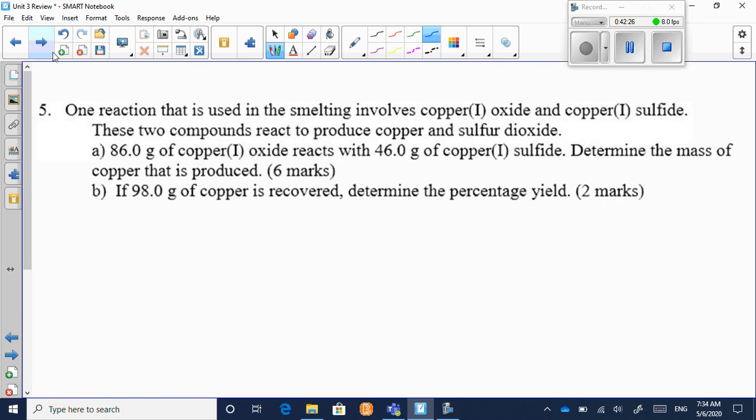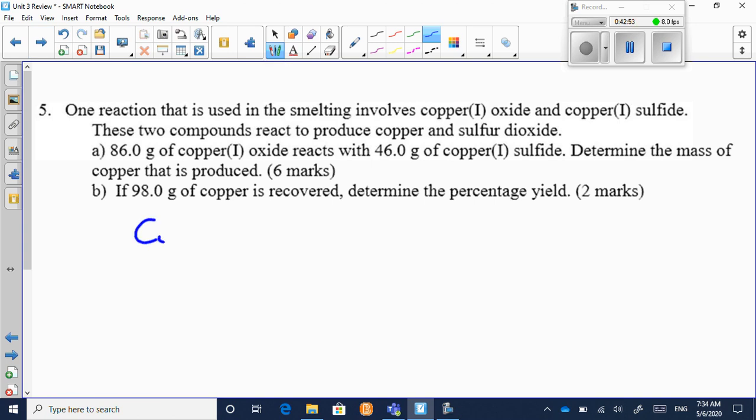Okay, here we go. We're going to get into a stoichiometry question. It says, one reaction that is used in the smelting of copper involves copper 1 oxide and copper 1 sulfide. These two compounds react to produce copper and sulfur dioxide. In this case, you're not given the balanced equation, so you've got to come up with it. I need to write my formulas.